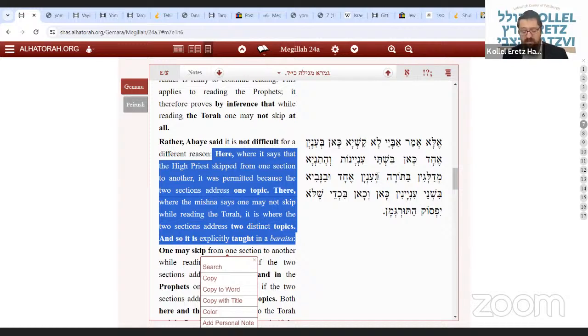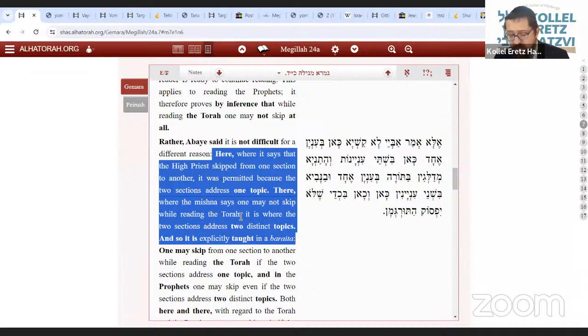If it's the same topic, you could skip around in the Torah if it's close enough and it's the same topic. Is there a proof from a Tana, from the times of the Tanaim? You have a Mishnah or Brisa to support you? And he says, yes, I have a Mishnah or Brisa to support me. Vatanya, because we learned in a Brisa, a similar teaching.